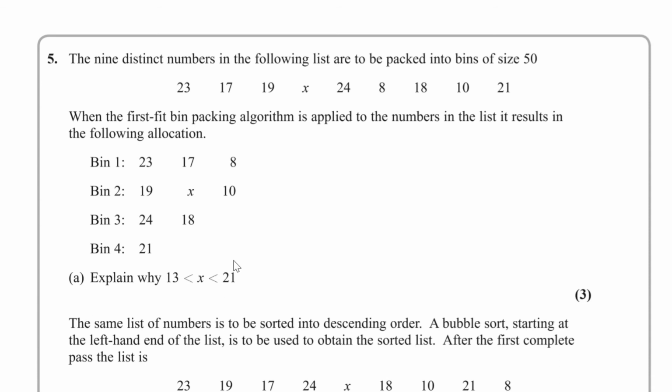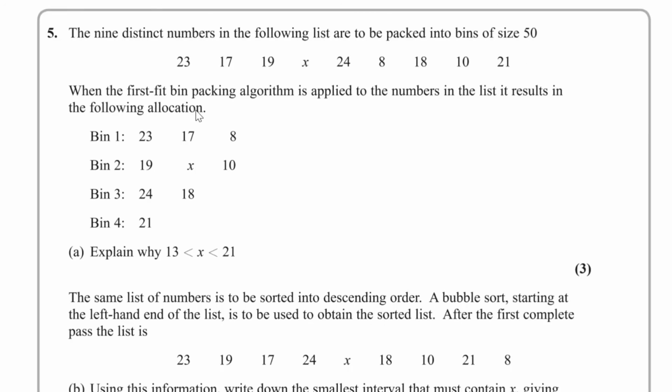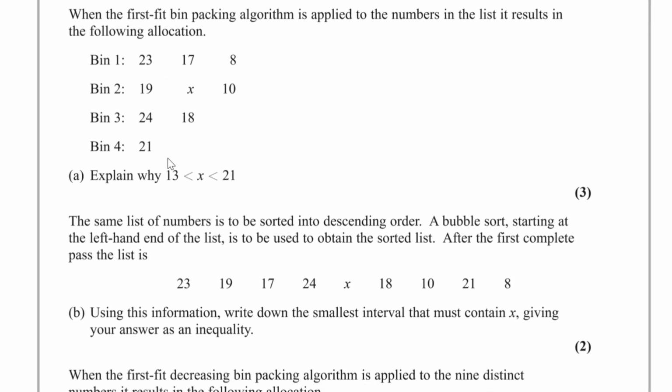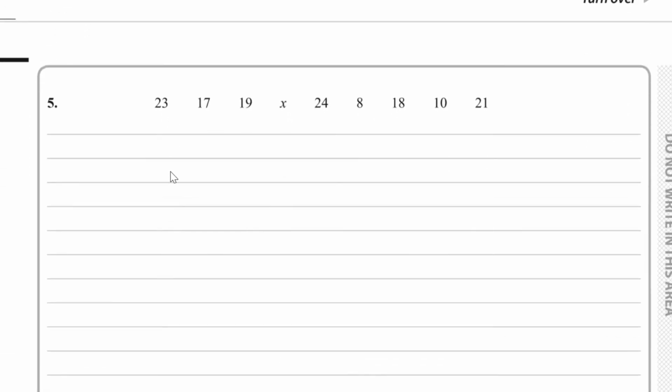The best way to approach this problem is to simply pack the bins in the order that we see them. So, for part A, we've got 4 bins.